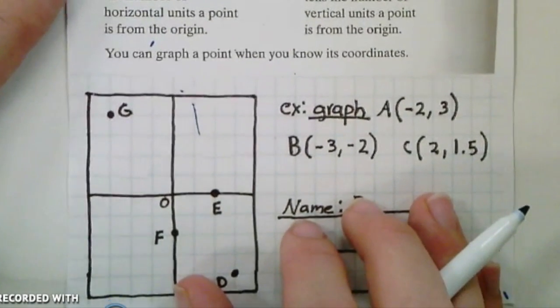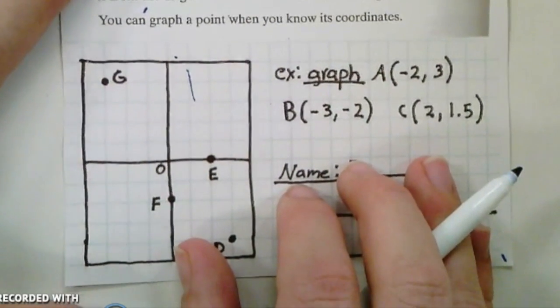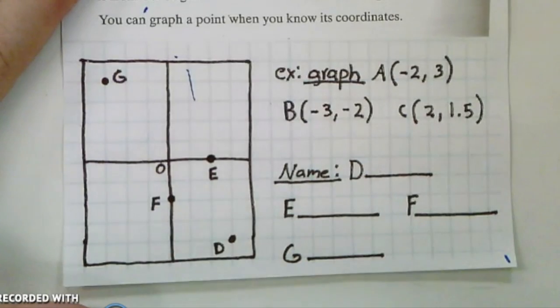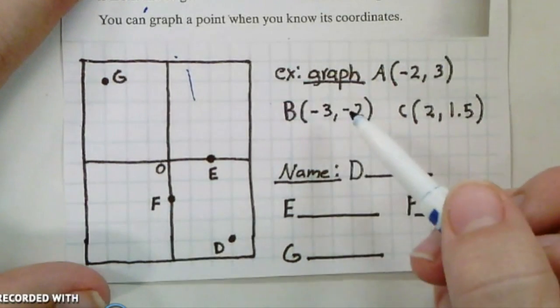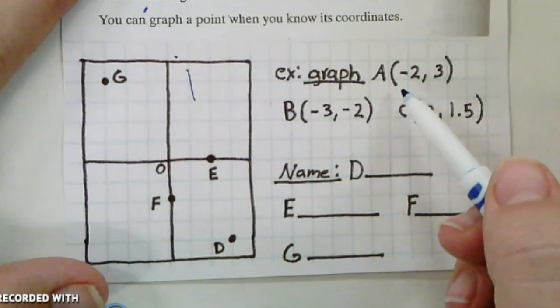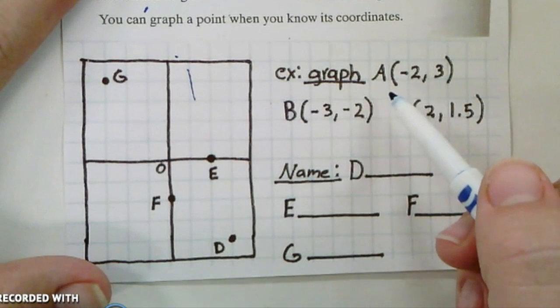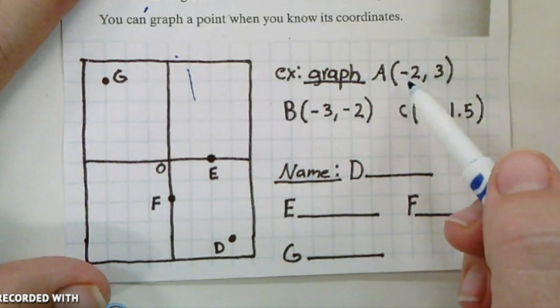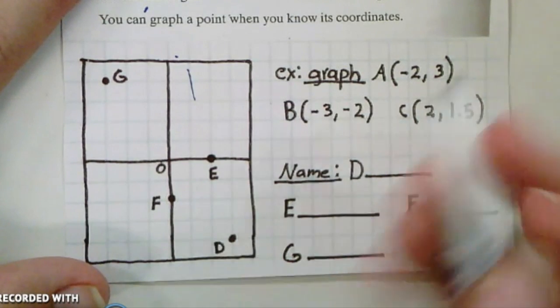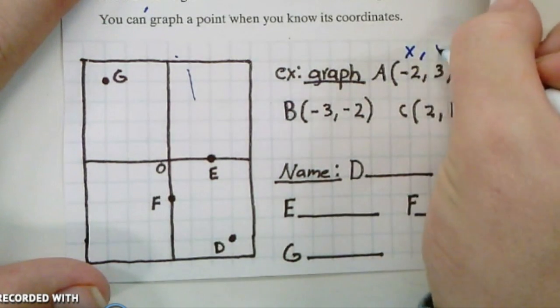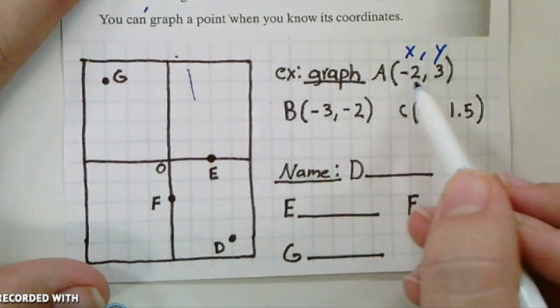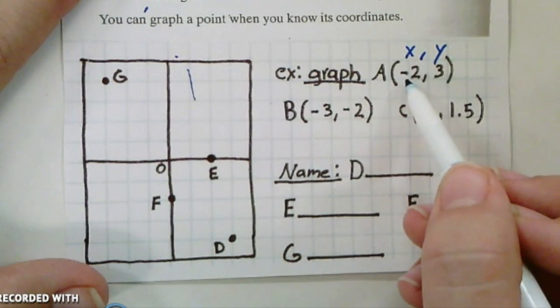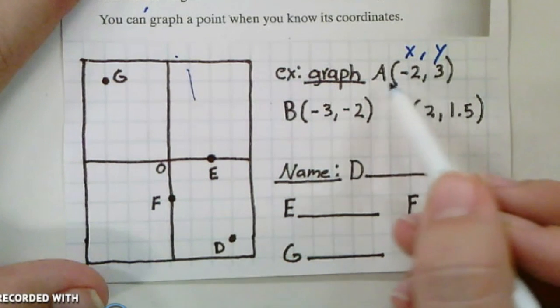You can graph a point when you know its coordinates. So let's do some examples together. One type of example might ask you to graph a point and it'll give you the coordinates, like in this example. So here I have point A is at (-2, 3). So remember, this is x, y. The first number is how far we run in either direction.